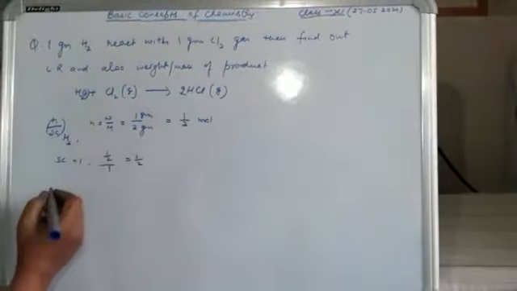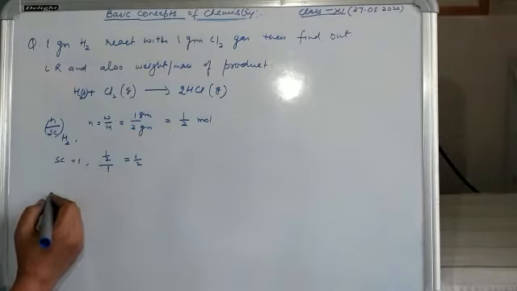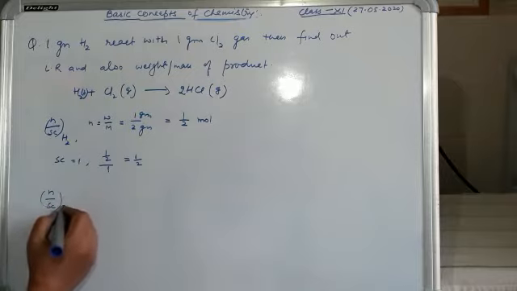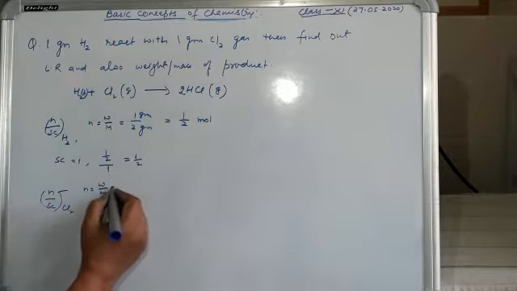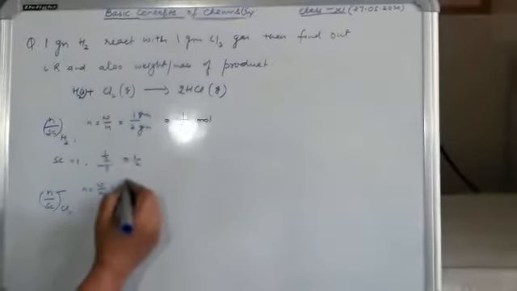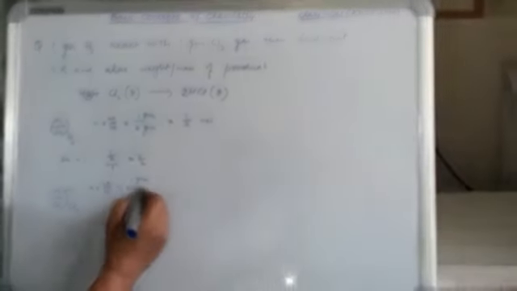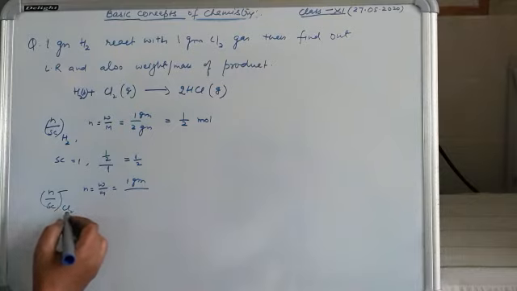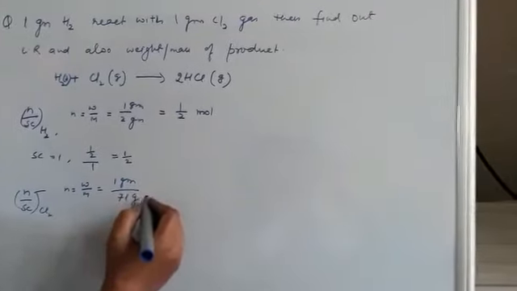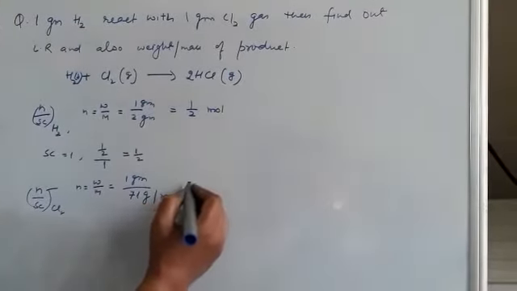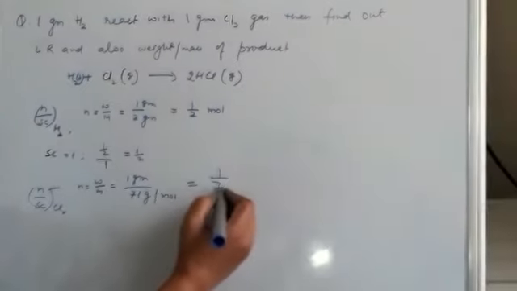Now let's find out the ratio of chlorine, mole by stoichiometric coefficient. At first find out the mole, given mass by molar mass. Given mass is 1 gram and the molar mass of chlorine is 35.5 into 2, it comes 71 gram per mole, and it becomes 1 by 71 moles.